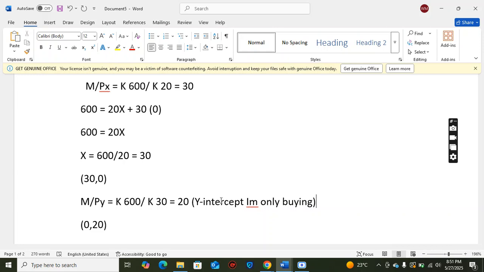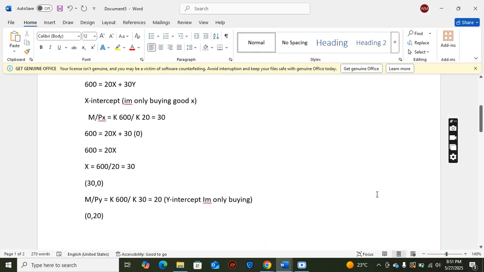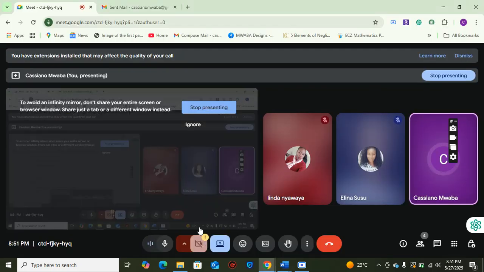But in this question they never gave us the utility function. If there was a utility function given, colleagues, we would have found the best combination. Right now we cannot find the best combination for Diana. But if they give you a utility function, you use that utility function and the budget constraint equation to find the optimal bundle, which is the best bundle that will make Diana most satisfied.